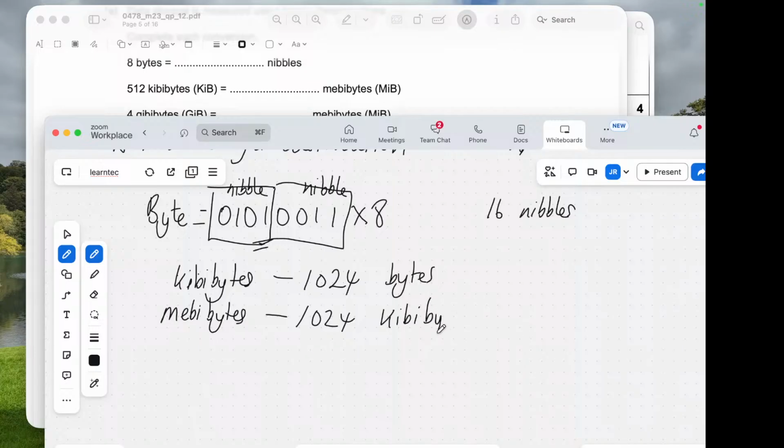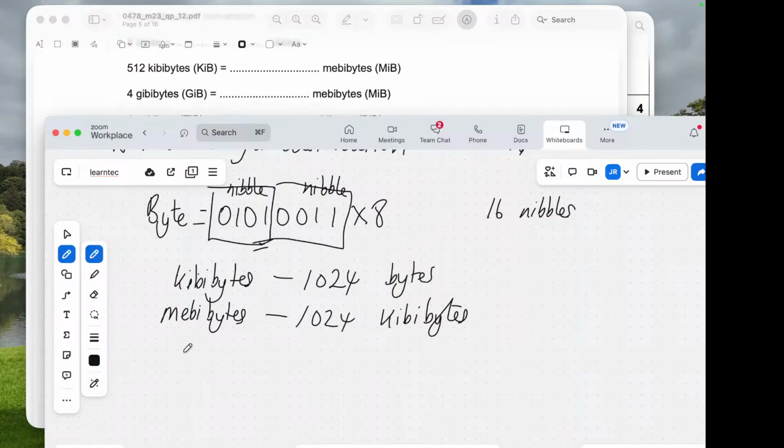So it does go up in the same way as the old system, kilobytes, megabytes. Instead of going up by 1,000, it goes up by 1024. Then we've got gigabytes, and gigabytes is just 1024 megabytes.